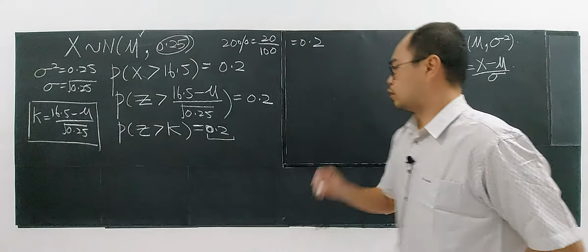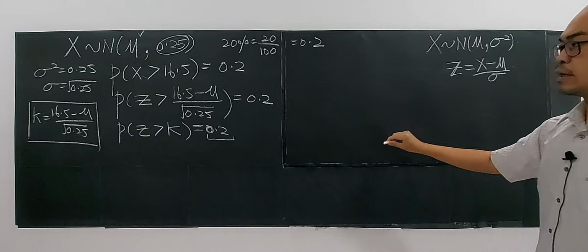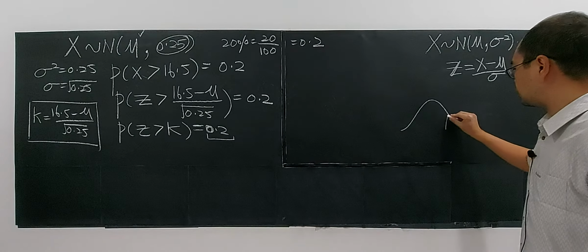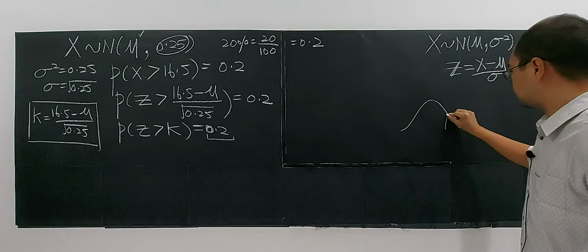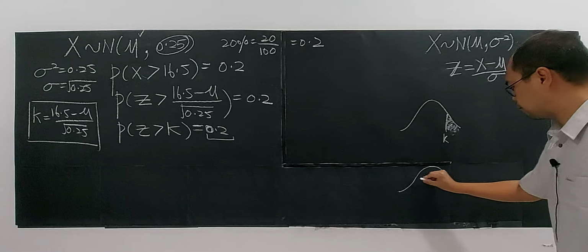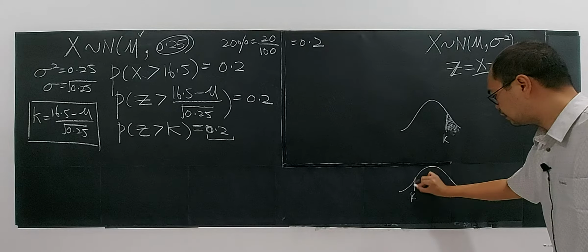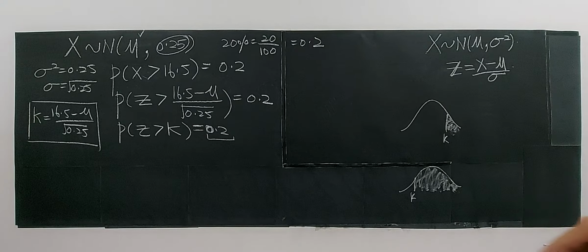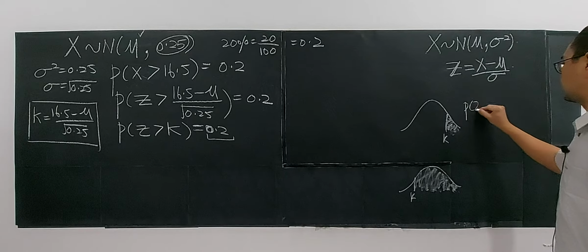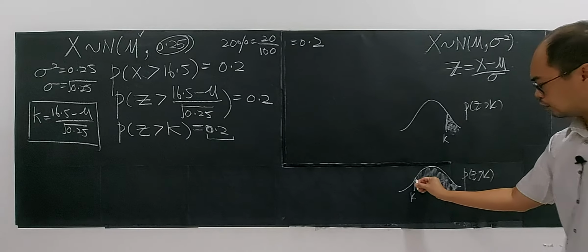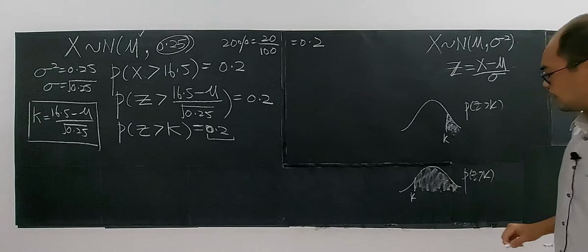For revision, there are two possibilities when I say P(Z > k). The area is always on the right, but it can be bigger than 0.5 or smaller than 0.5. Both distributions represent P(Z > k). But we must look at this value, just 0.2.